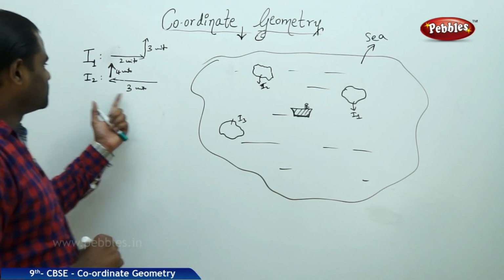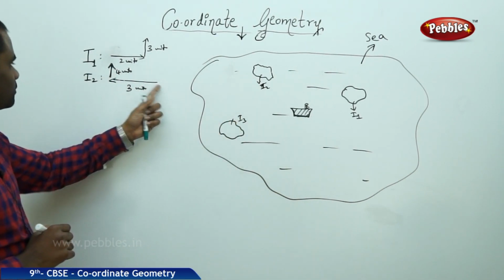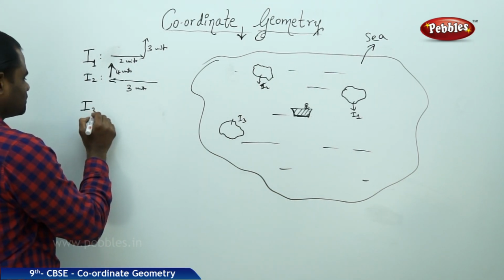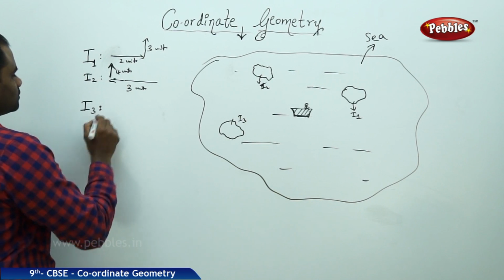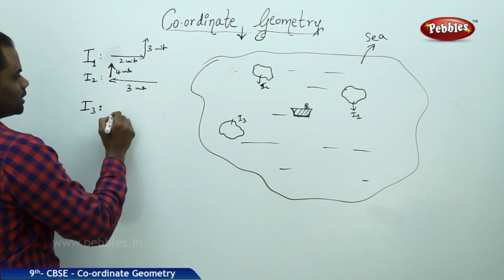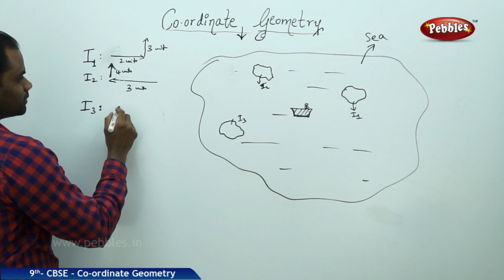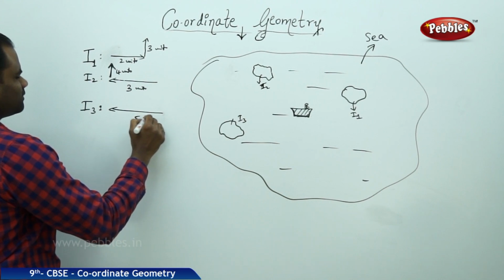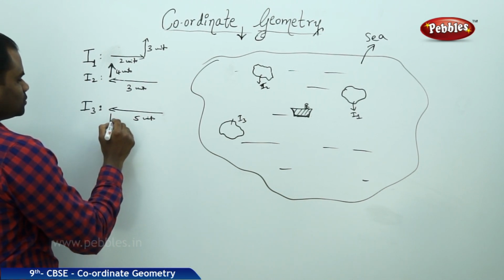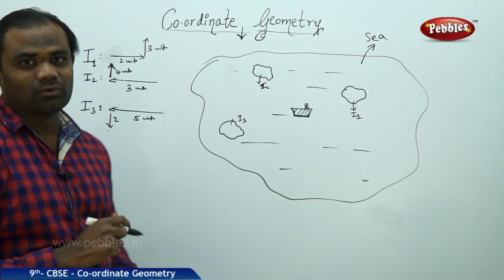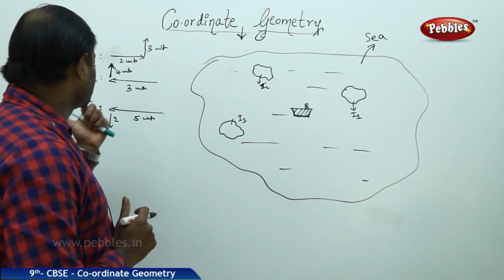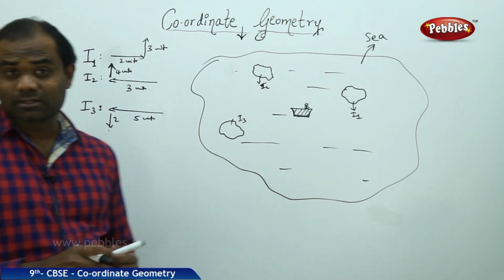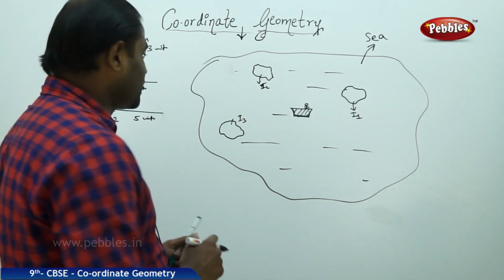So this ship moving to island 2 must move 3 units left and 4 units up. And the third island is about the person moving to island 3, where he is 5 units left and then 2 units down. This is how he estimates each of I1, I2 and I3. I1 stands for island 1, I2 for island 2, and I3 for island 3.